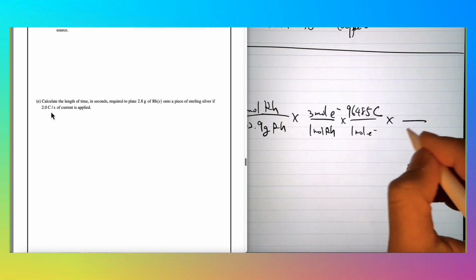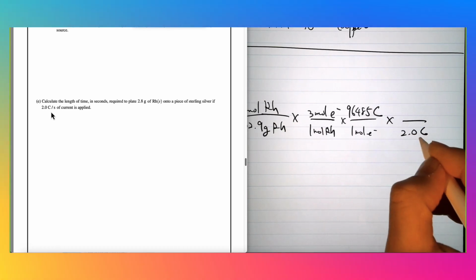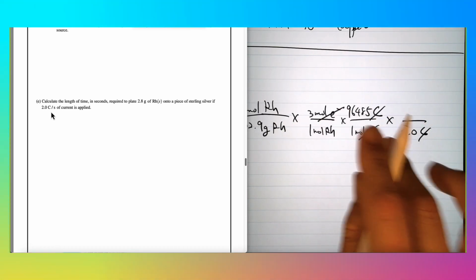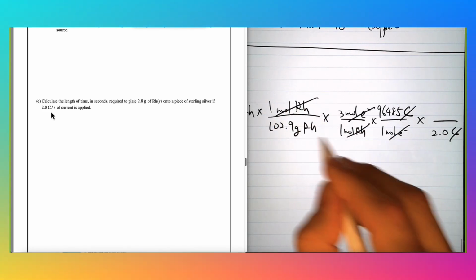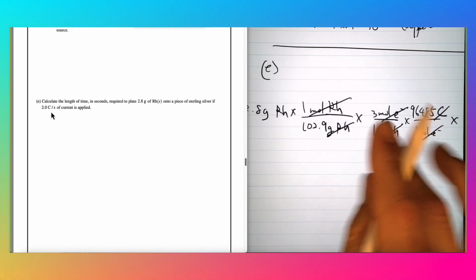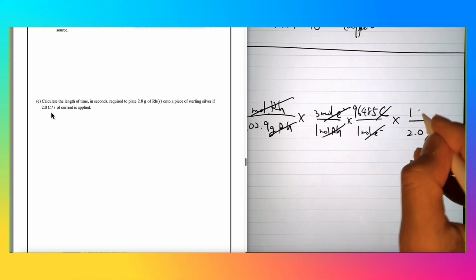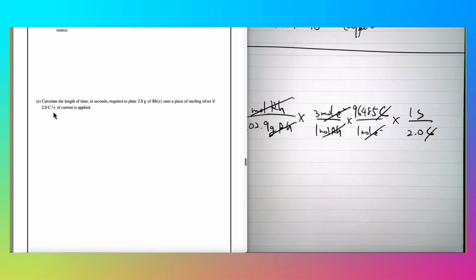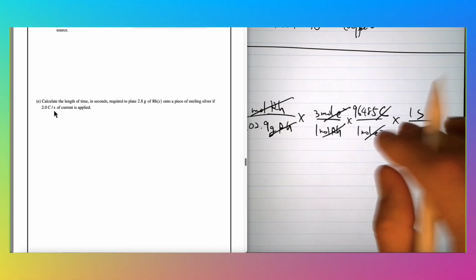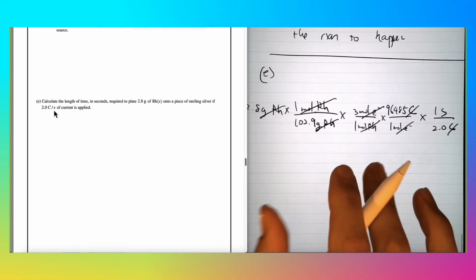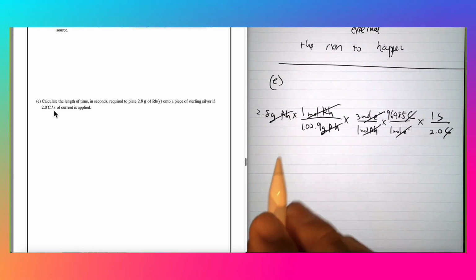And then we have 2 coulomb that needs to go underneath so that the coulombs can cancel, moles of electron cancel, moles of rhodium cancel, grams of rhodium cancel, everything cancels except for what? The 1 second. Now they don't say 1 second, but you should know per second means just 1 second. So we have our desired unit, and let's keep our sig figs.